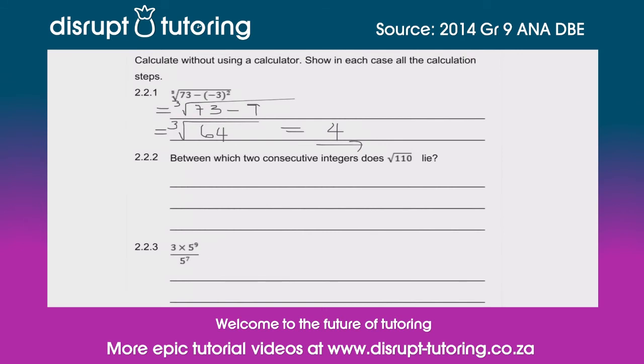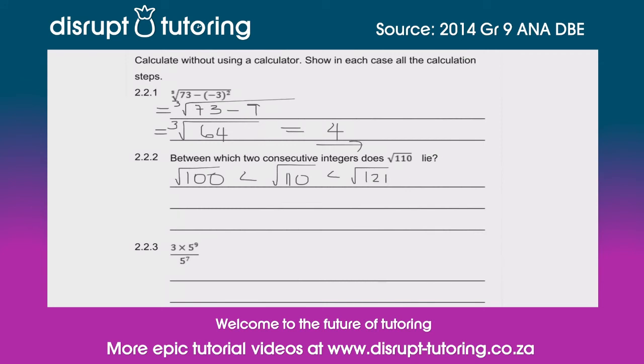Now we know that the square root of 100 is going to give us a perfect square, and we know that is less than the square root of 110. And now what is the next biggest perfect square? Well, that is going to be the square root of 121.